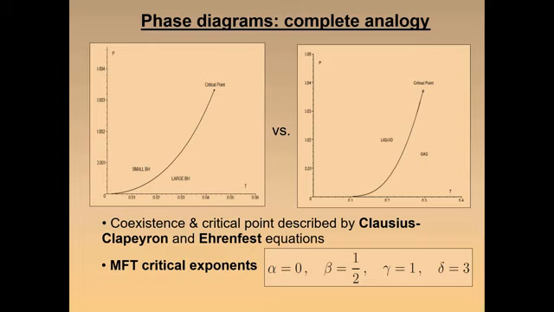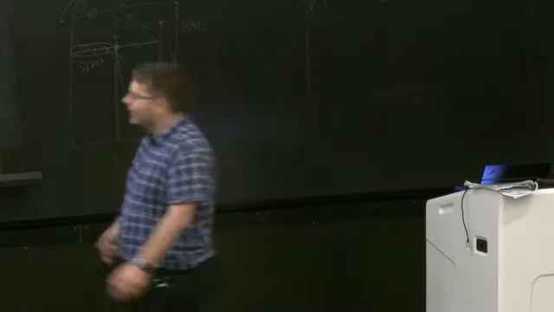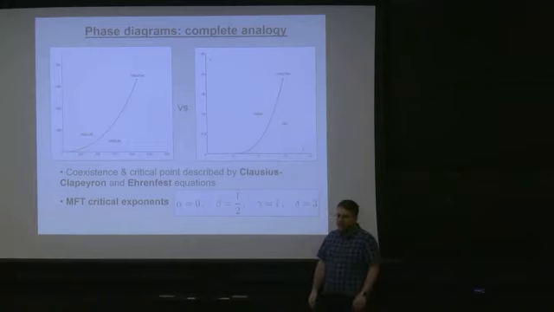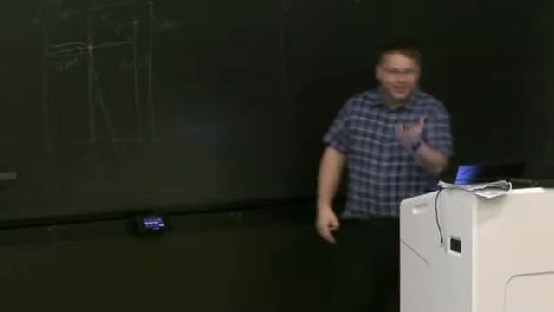You can show that both black holes and Van der Waals gas have the same critical exponents, which are the mean field theory critical exponents for the Ising class. They are given over here. So really, it seems like black holes belong to the same universality class as Van der Waals.